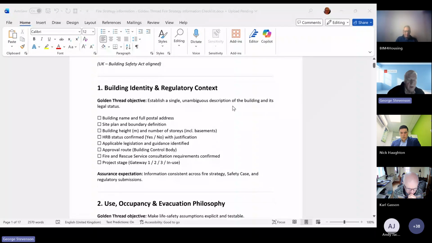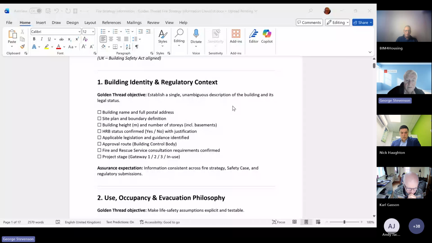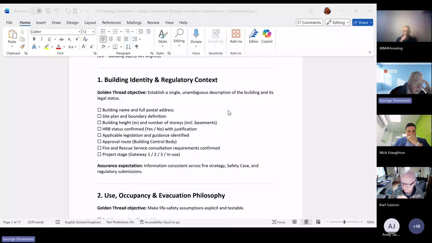The important thing here is to look at what is the key information that is probably being collected anyway for different purposes. So what we want is for that to be done so that the fire engineer is not having to waste time finding things that should be available. I thought this was quite good. I've only spent probably half an hour on it, but I'd like to provide this to people and see if you agree with the approach.